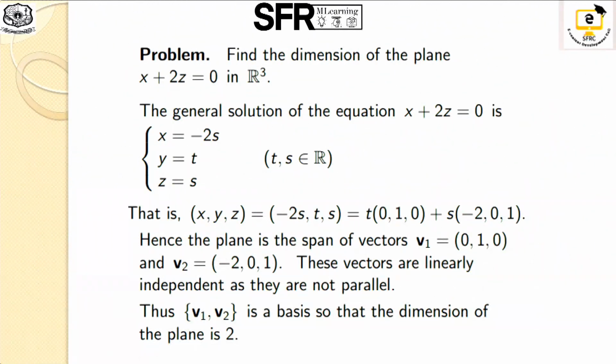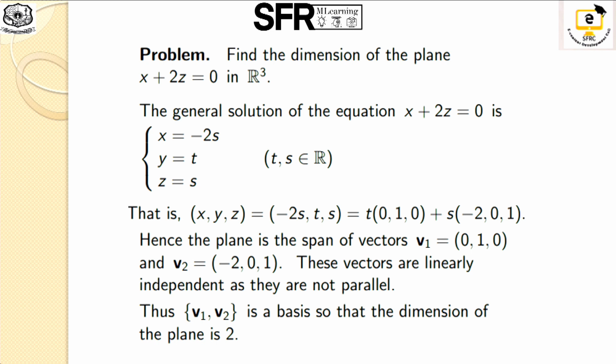Next we discuss the dimension of the plane x plus 2z equal to 0 in R^3. For this, let us consider the equation x plus 2z equal to 0. Here we put z equal to s, then x is equal to minus 2s, and here y is arbitrary, so we put y equal to t.